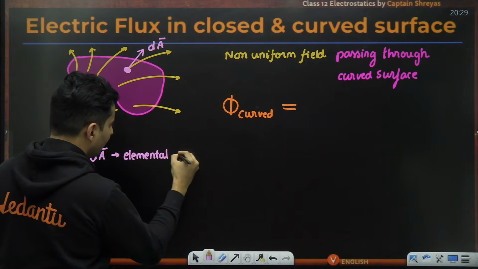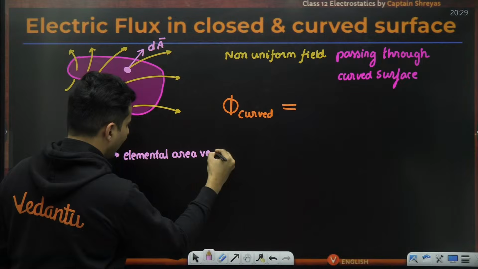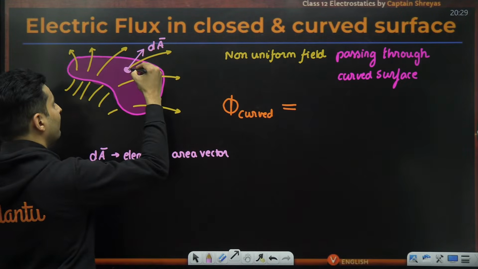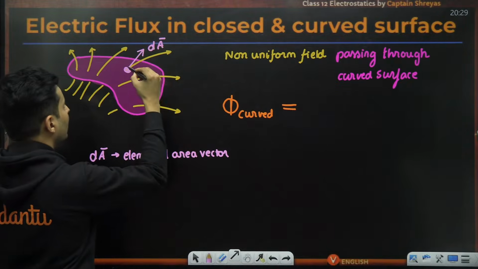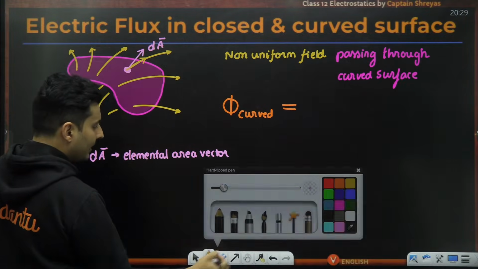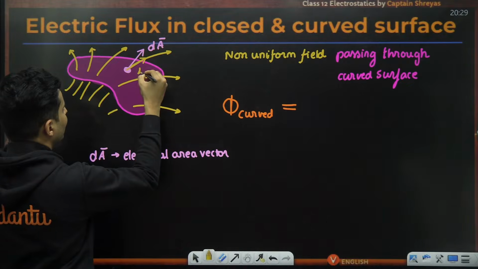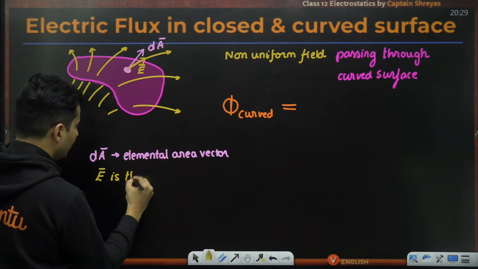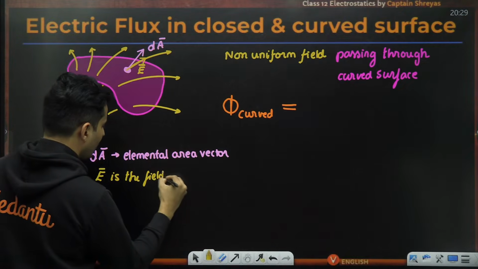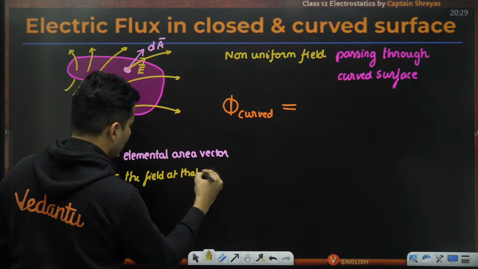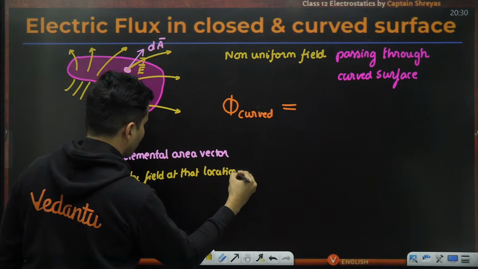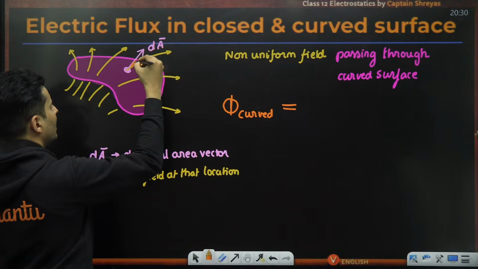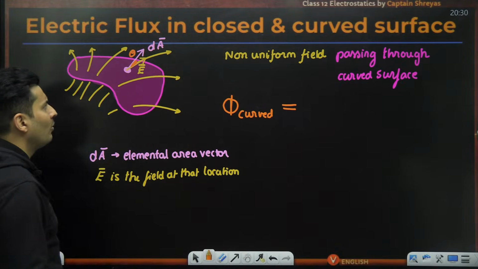At that particular location, the electric field happens to be, let's say, E. E is the field at that location. Maybe there is also some kind of an angle between them, maybe theta, and that theta will also keep varying.